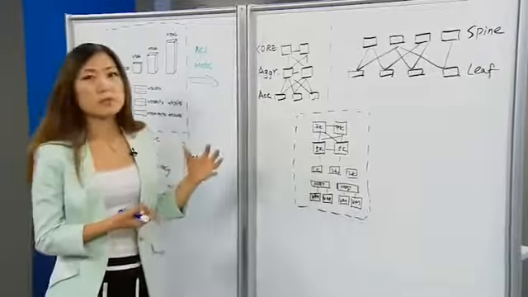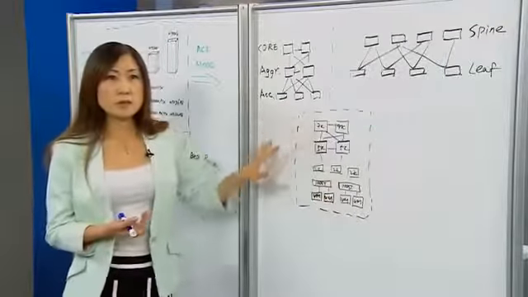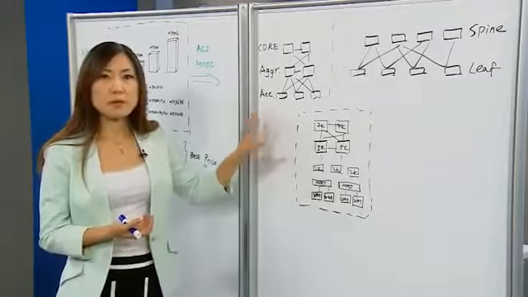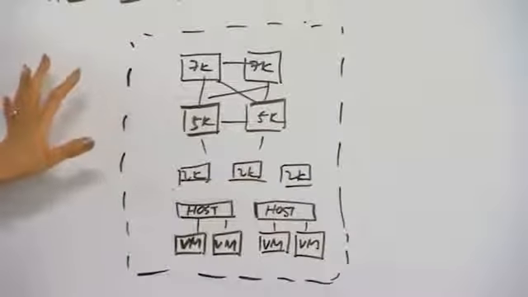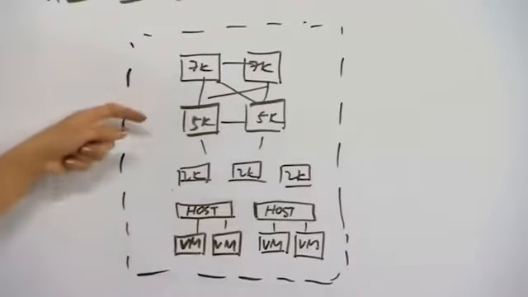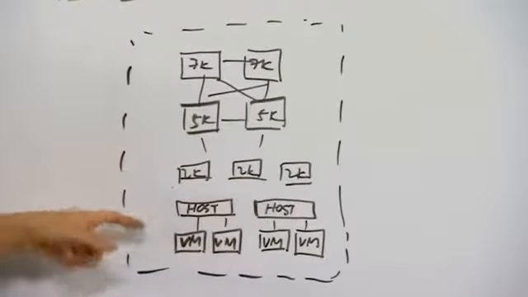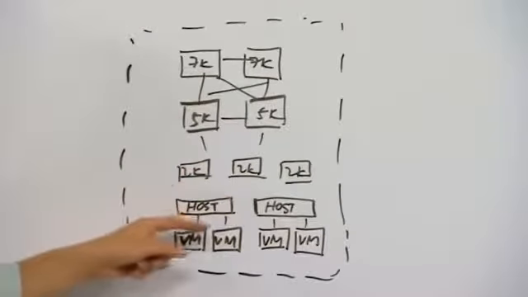So let's start with where you are today. If you already have a data center network built in the traditional box-by-box model, a typical example using Cisco platforms is Nexus 7K, 5K, and 2K. You connect your host to 2K, and you run your application VMs.